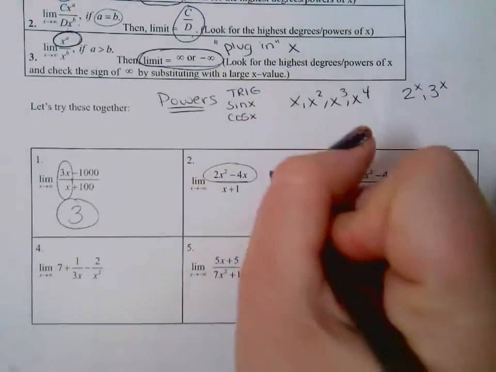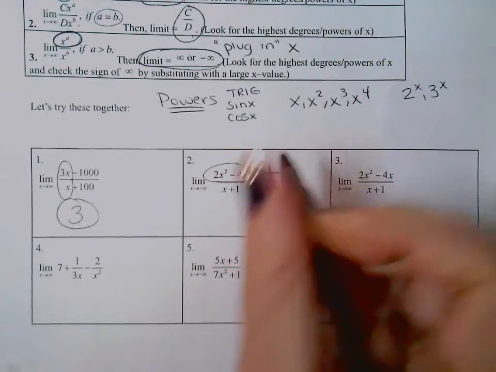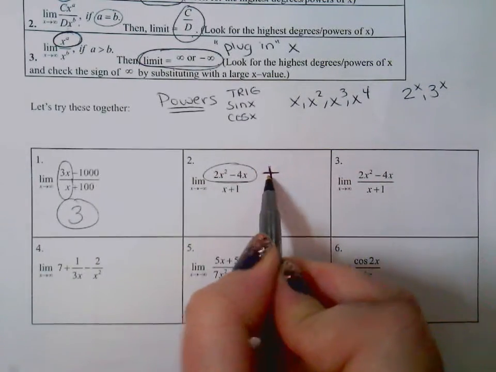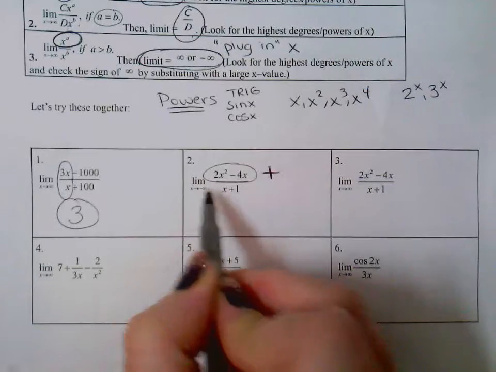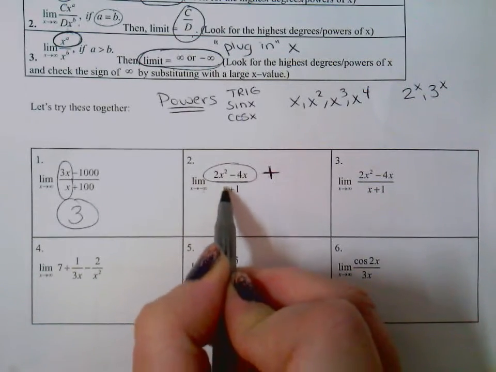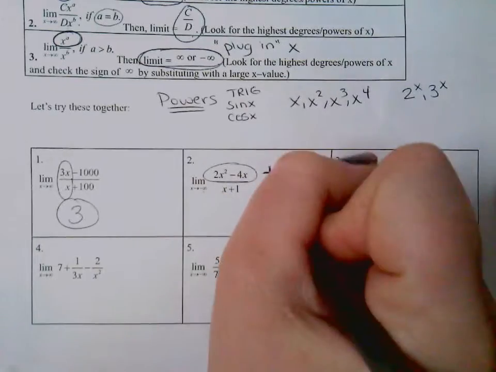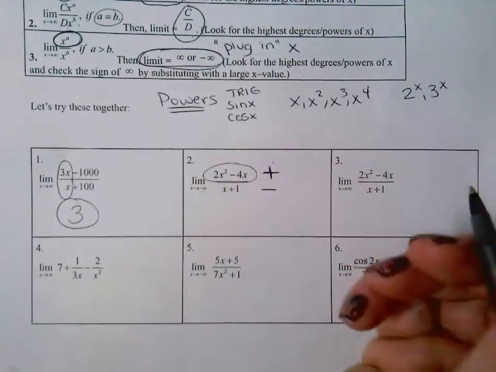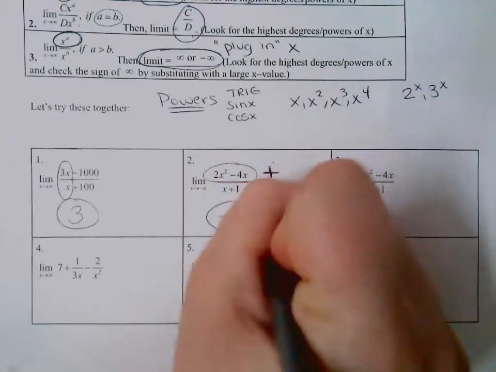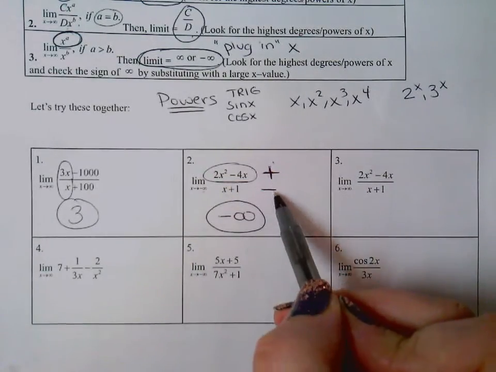I get a positive answer, because a negative number squared is still positive. What if I plug a negative number into the denominator? I'm just talking about this first term of the denominator. I would get a really big negative number, right? Positive divided by negative, so my answer is negative infinity because a positive divided by a negative is negative.